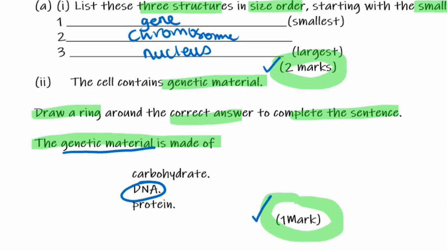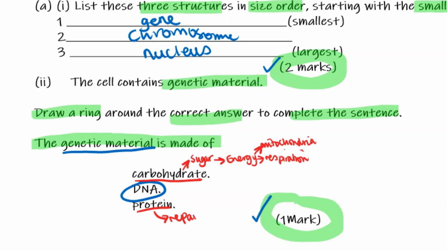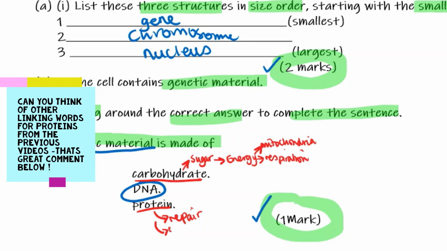Thinking words for today. Whenever we think of carbohydrates, we should think of sugar. Whenever we think of sugar, we should think of energy. Whenever we think of energy, we should think of respiration and mitochondria. Whenever we think of protein, we should think of repair. We should think of growth.